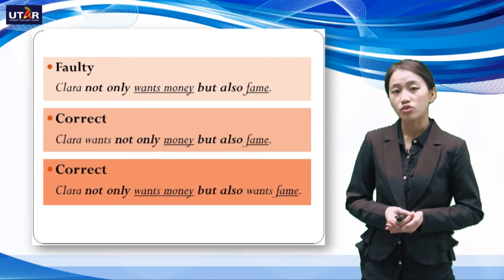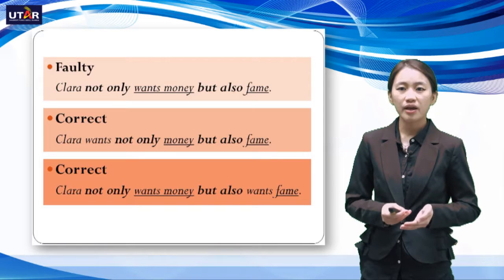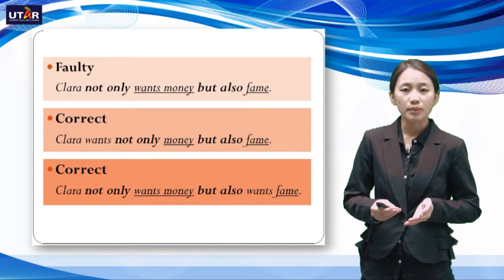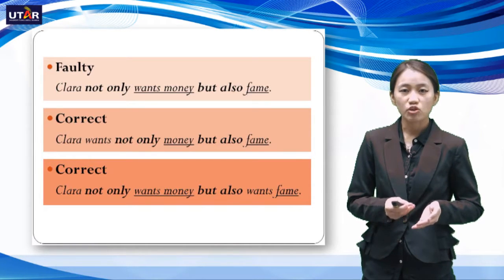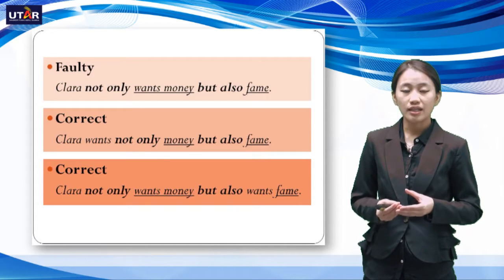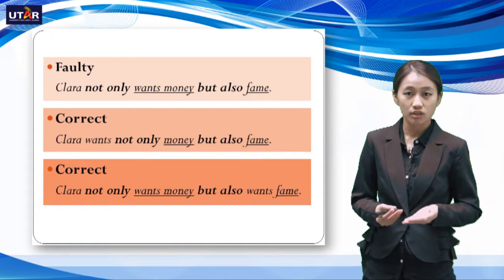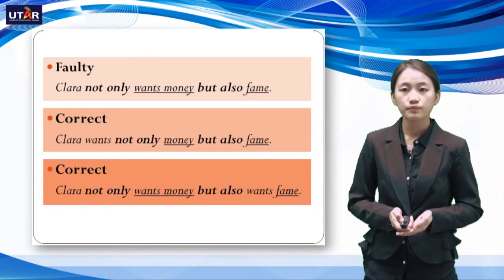Fame is only the noun. So in this case, you would see that Clara not only wants money, fame. So wants money is considered like an object or the noun here. But as you know, wants is a verb, so it's actually not considered as a noun.